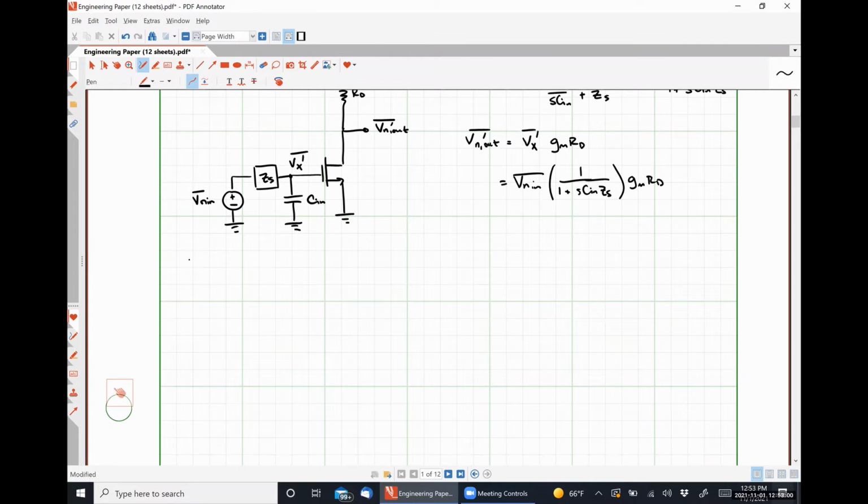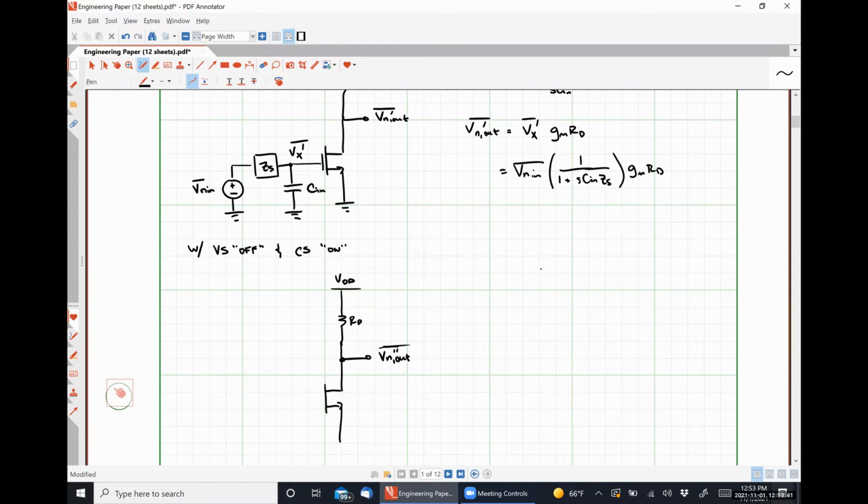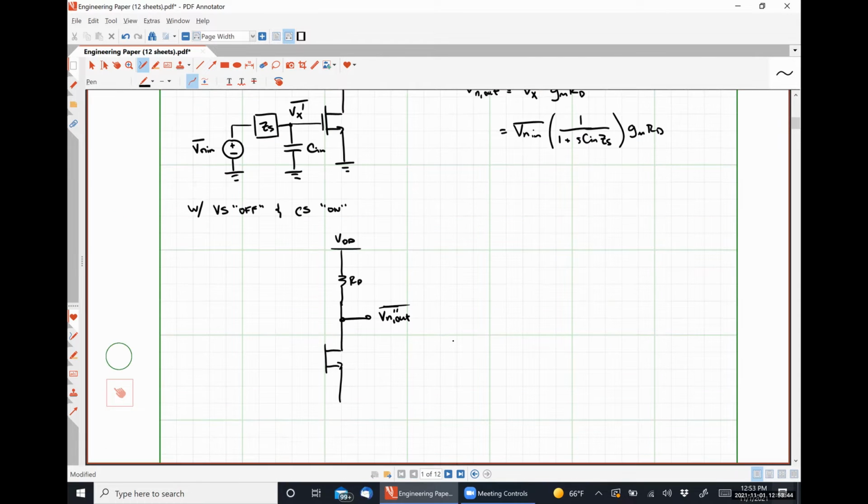With my voltage source off, and my current source on, my circuit's going to look like this. Here's RD. Here's Vn out double prime.